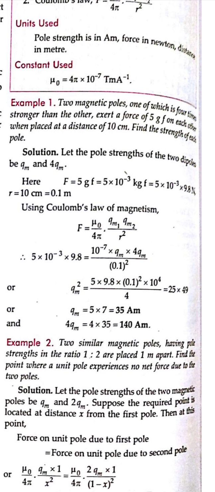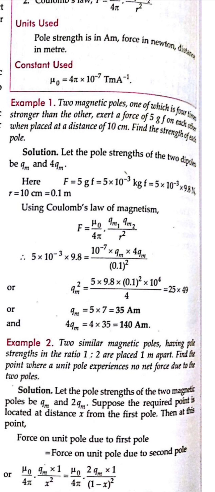So one pole is Qm, and the other is 4 times stronger, given as 4Qm. For the value of force, we can write 5 into 10 to the power minus 3 for gram converted into kg, and the force value is 9.8 Newton.